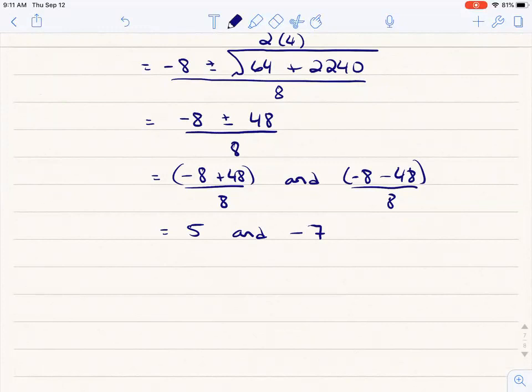So this little guy is crossing the x-axis at -7 and 5, or 5 and -7. Whew. All right. Any questions about that one? Or any of it? No? Okay.